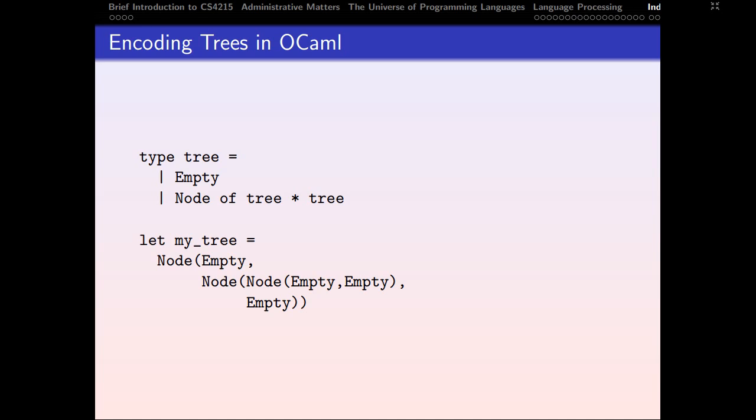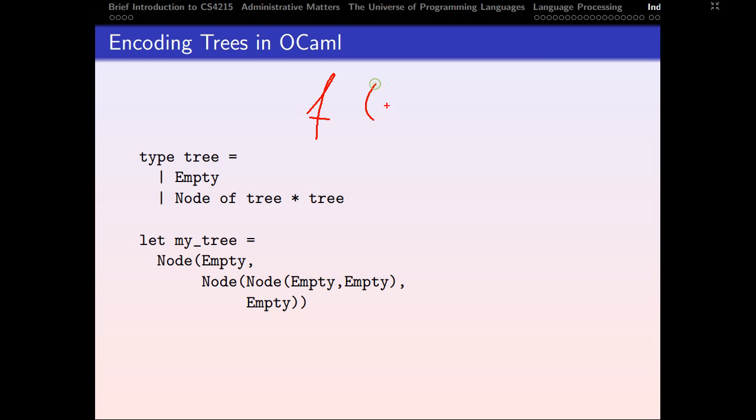Okay. So this is the definition that we need to have. A tree is either empty or is a node of tree and tree. So before we go there, going back to the curried notation, what happens if I write node (x, y)?